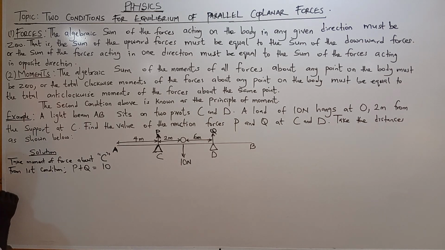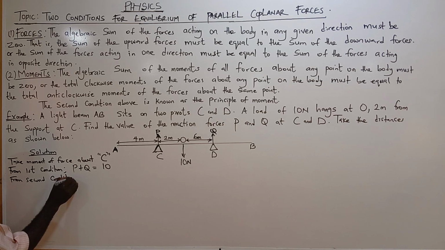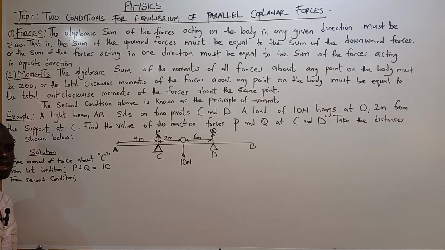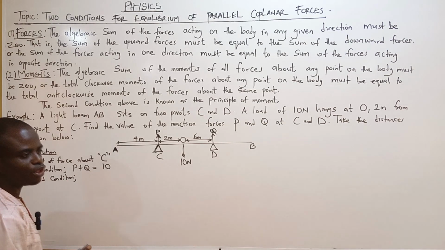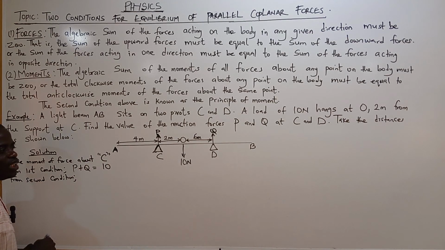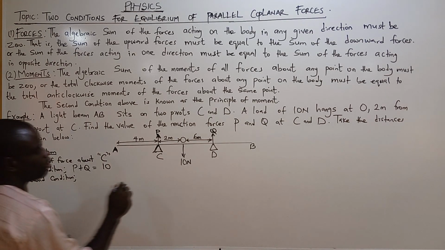Now let's go to the second condition. From the second condition, it talks about the total sum of the clockwise moment equal to the total sum of the anticlockwise moment about the same point.